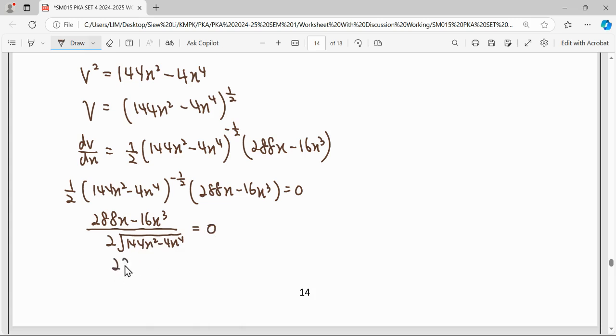So you akan tinggal 288X minus 16X cube equals to 0. Factorize this. Boleh kecilkan dia. Can we divide by 8? Boleh kecilkan dia, divide by 8. Is it 36?